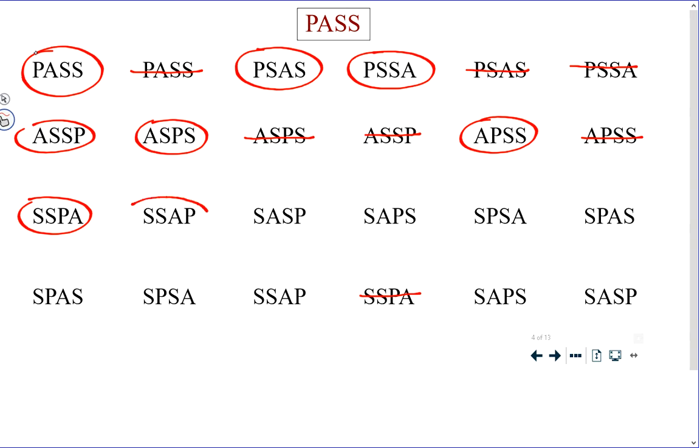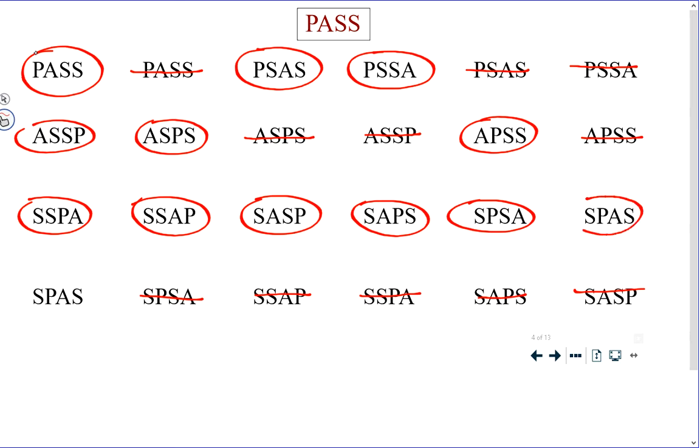I have SSAP and I have SSAP down here. I have SASP, and I have a SASP down here. SAPS occurs in 2 places, so I'm only going to count it once because it would only be one particular arrangement. I have SPSA, and I have SPAS, SPAS.